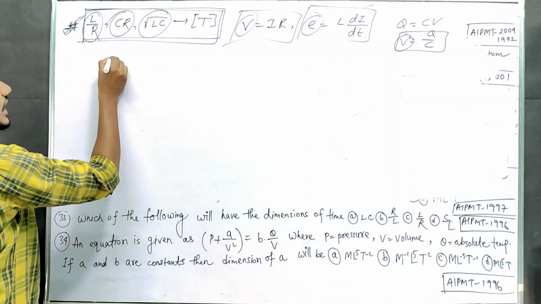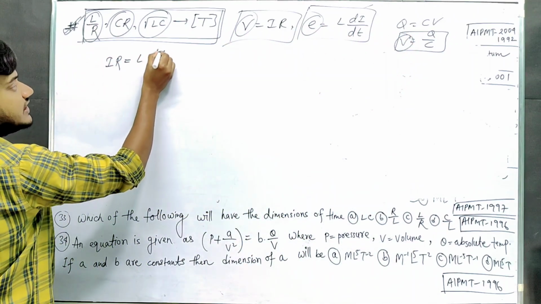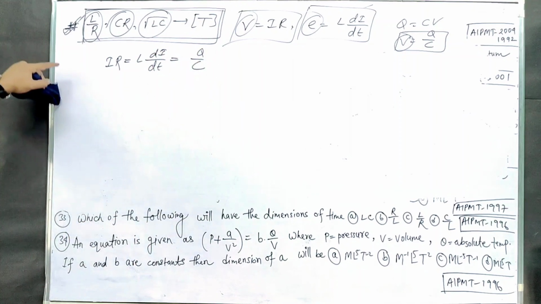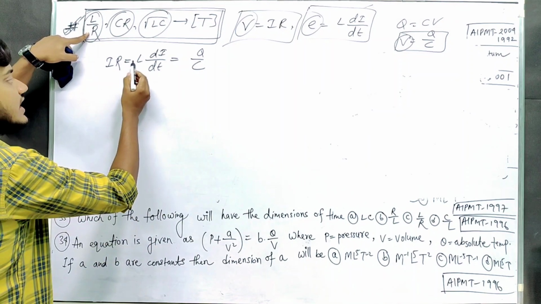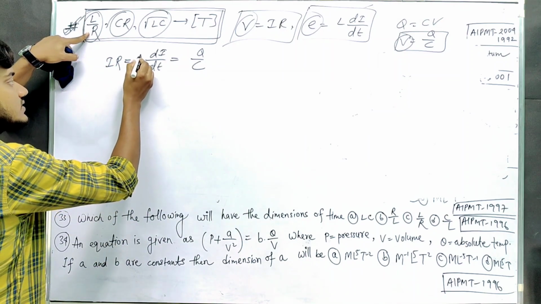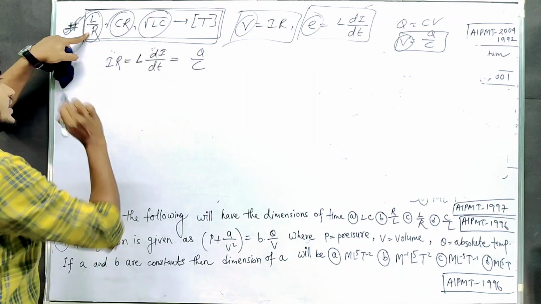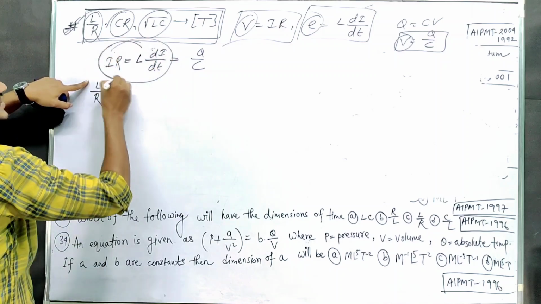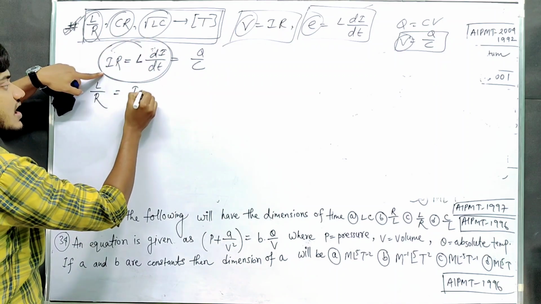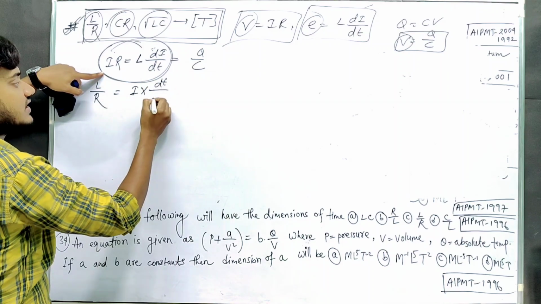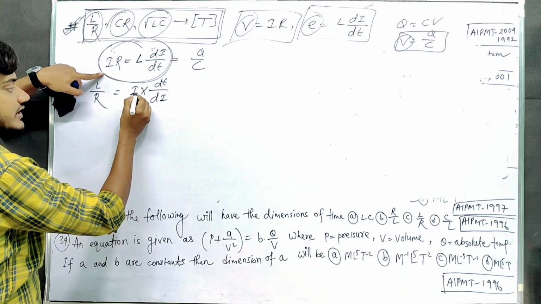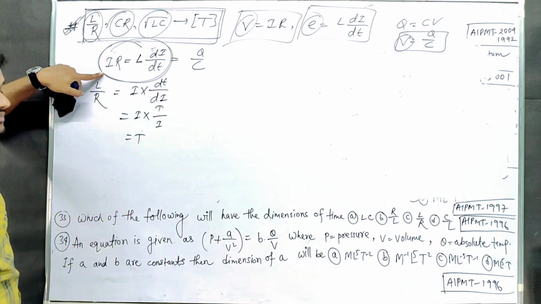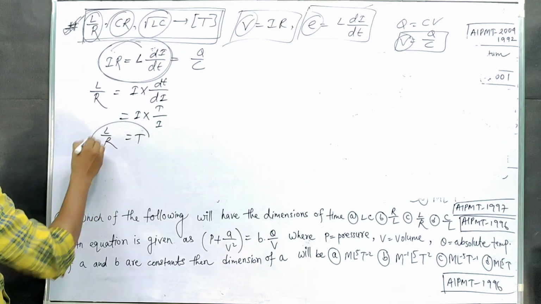So we can write dimensionally IR equals L di by dt equals Q by C. Let's find the dimension of L by R. From these two we can write L by R equals I into dt by di, yes or no? Dimension of I is I, dimension of dt is T, dimension of di is I, so the dimension is T. So L by R has the dimension of T.